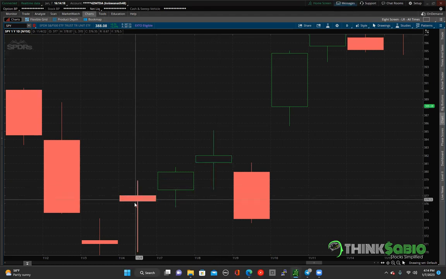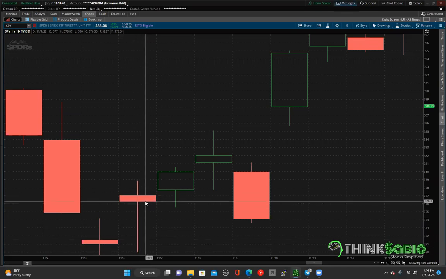So if we look at this candle, for example, this is a red candle, it's a bear candle. And then you have this as open, 377, and then you have 376 as close, right? But if we look at this candle, we have a long wick to the downside, right? We have a big wick to the downside.